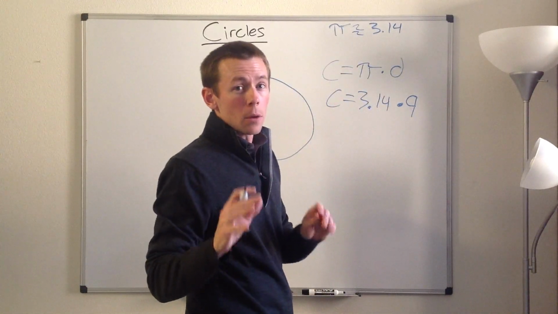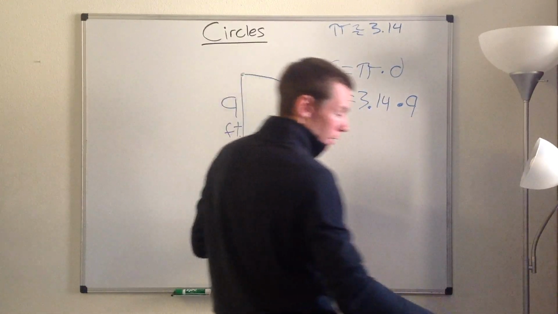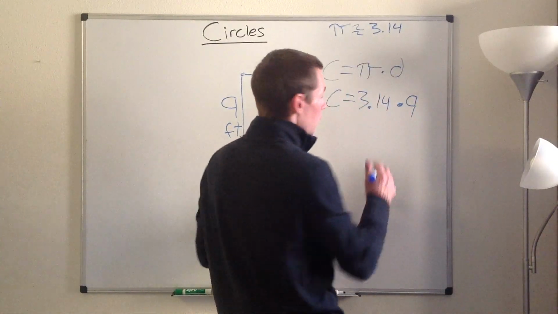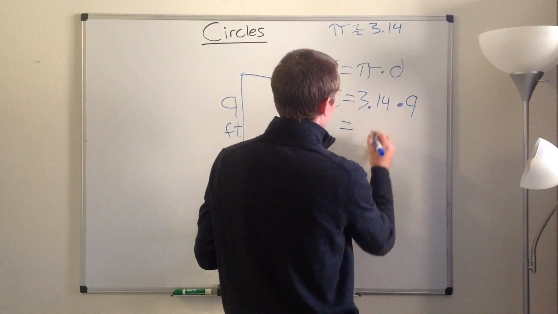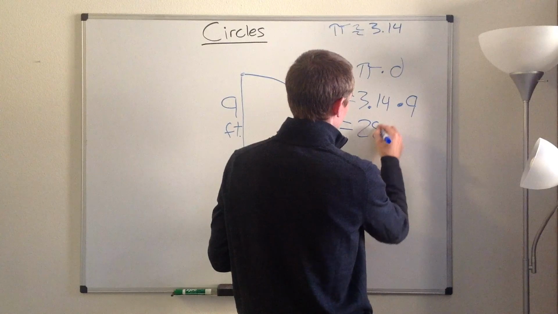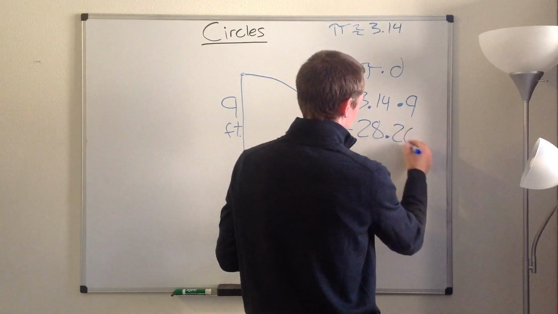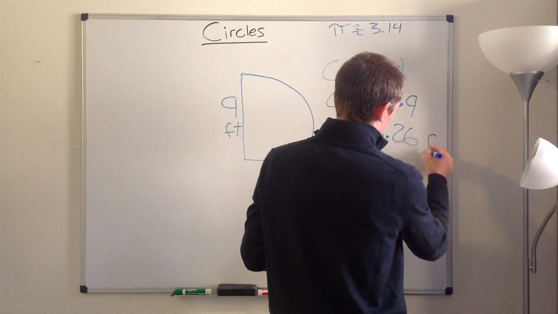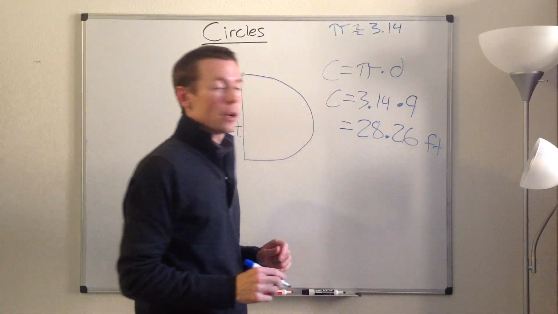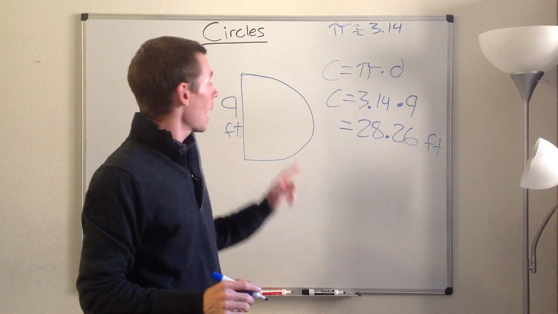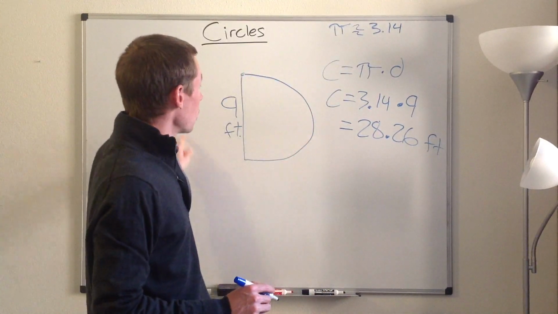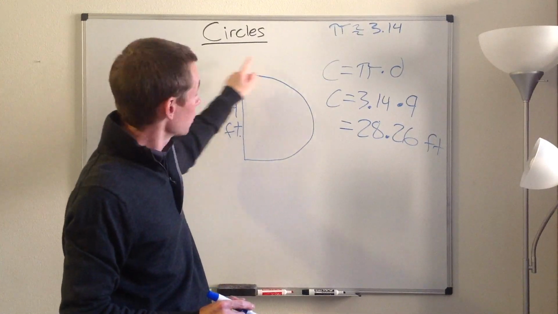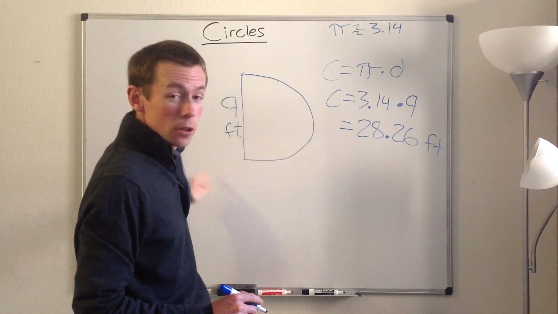Now, when we calculate that, 9 times 3.14, it comes out to 28.26 feet. However, that would be calculating the circumference of the entire circle.